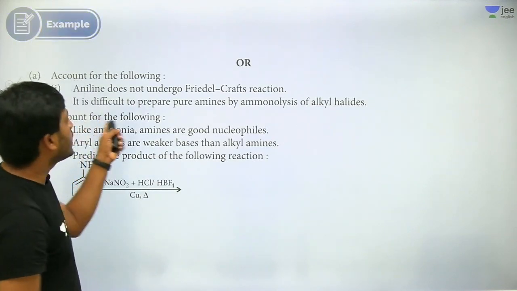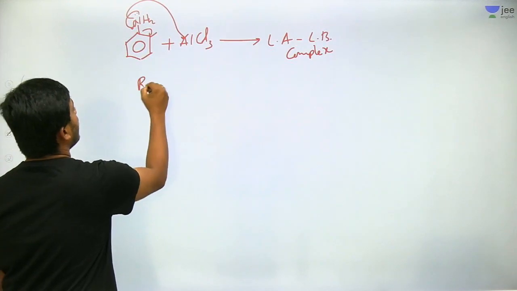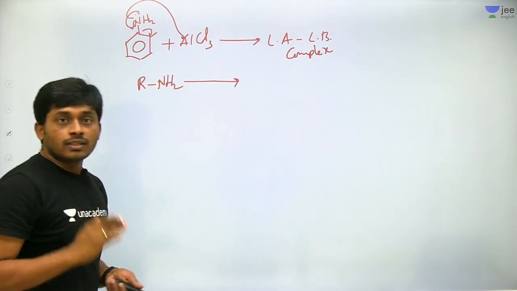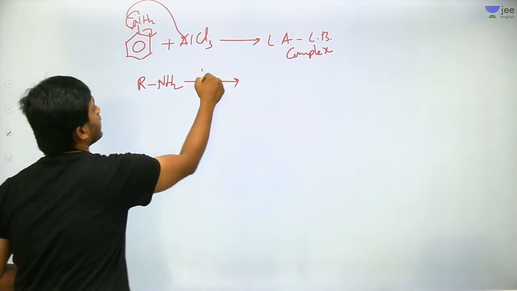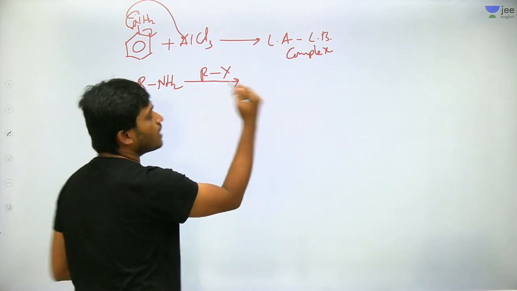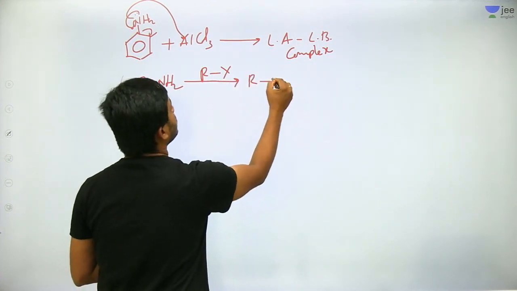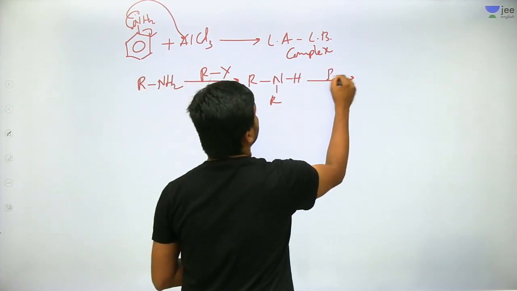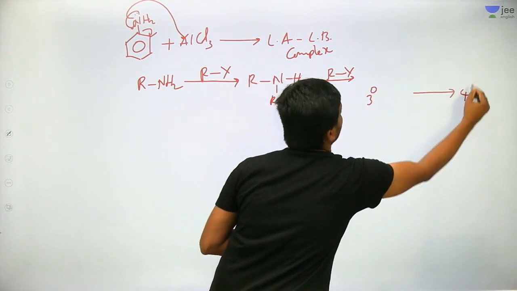Next question: it is difficult to prepare pure amines from alkyl halides. What is the reason here? With RNH2 and NH3, if we use RX, it will react and form secondary, tertiary and quaternary salts. R2NH will again react and form tertiary, then quaternary.